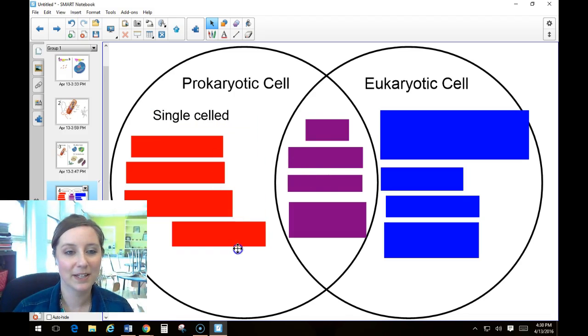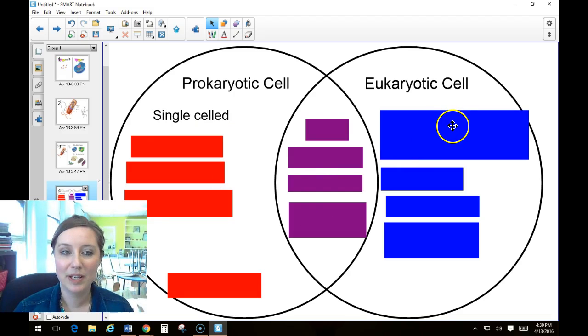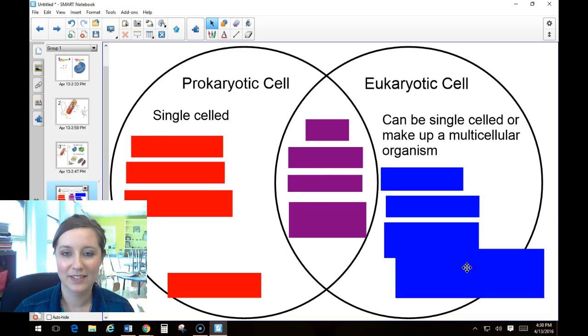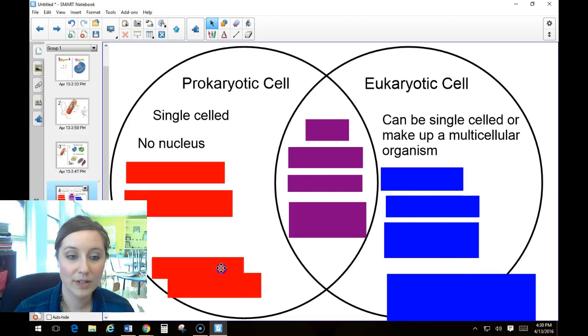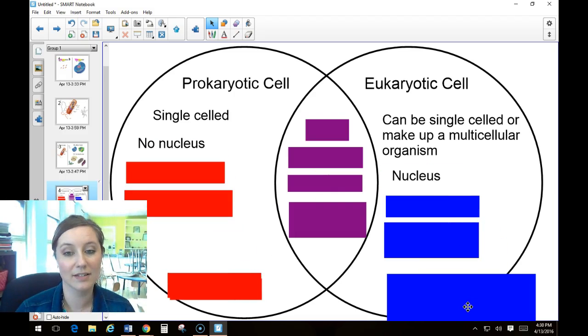Our first difference that we're going to talk about, prokaryotic cells are single-celled. Eukaryotic cells can be single-celled or make up a multicellular organism. Next difference, prokaryotic cells, no nucleus. Eukaryotic cells, nucleus. Think plant and animal cells.